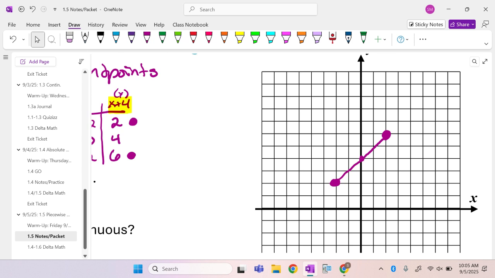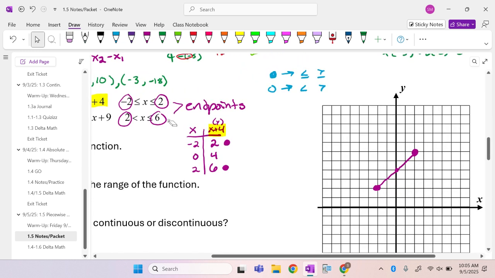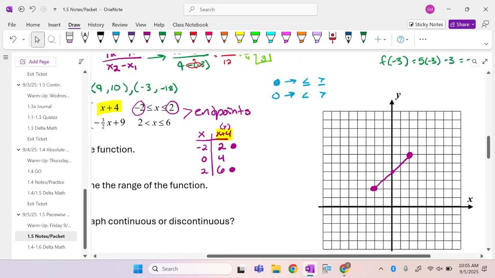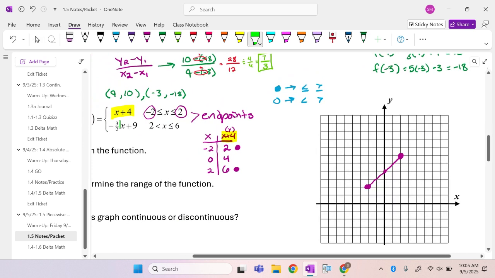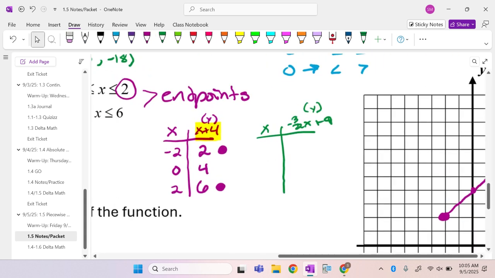All right. Now, the second part is going to come from the second function. So we're going to do the exact same thing that we did with the first function. We're going to make a quick table. So I'm going to have x and then -3/2 x plus 9, which again, that's just another name for y.